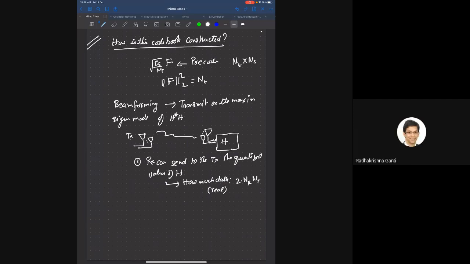Yes, sir. On the other hand, if the Rx computes the maximum eigenmode of H star H, then how much data should it transmit? Can anyone tell me?